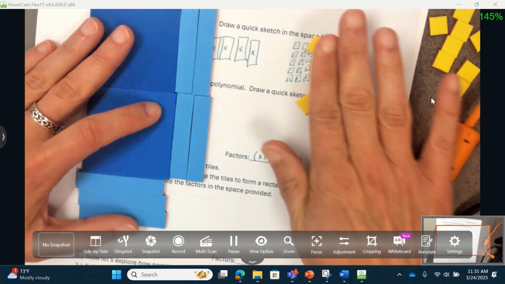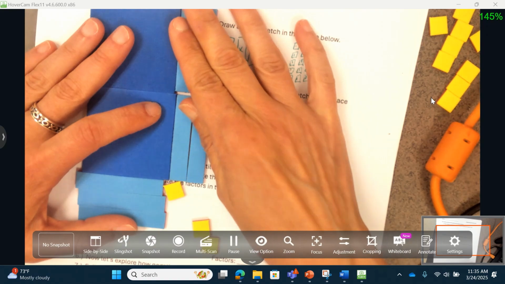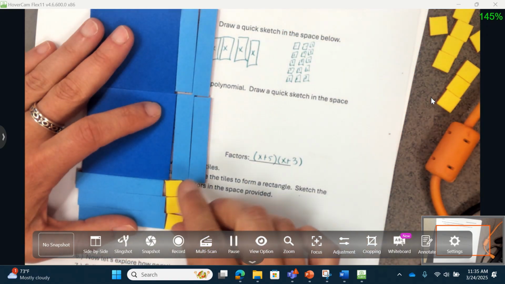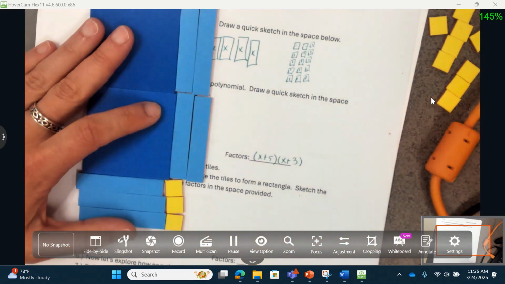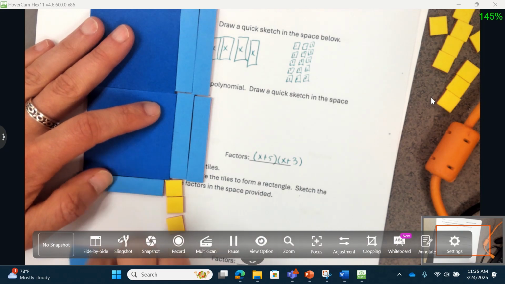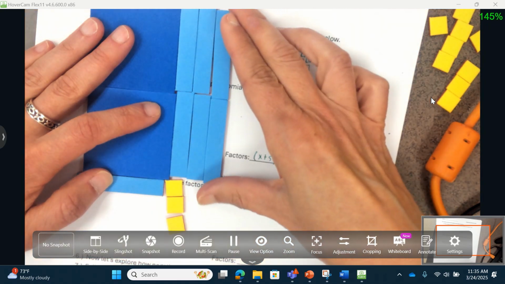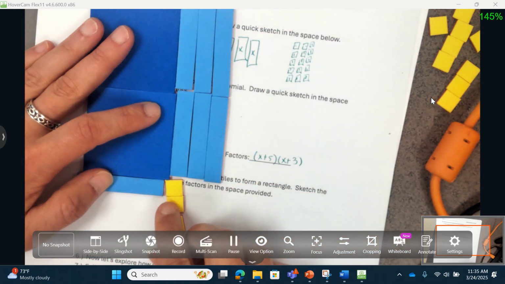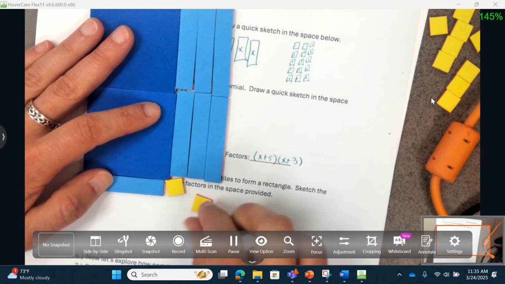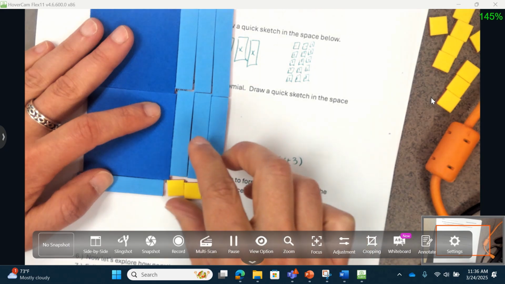Okay, and then I need to fill in with these 3, but you'll notice that that is not going to work. So I could move some of these down here, and you can move them around. But I think what I want to do is take 2 of these and put them over here. Okay. And now I can take these 2 down here and rearrange them like so. And now I have my rectangle.